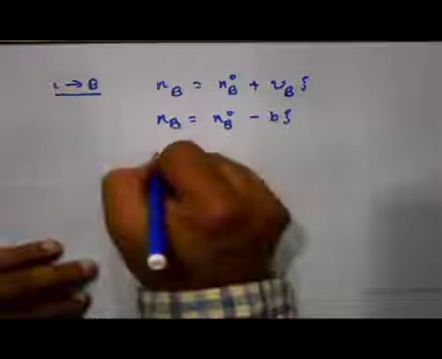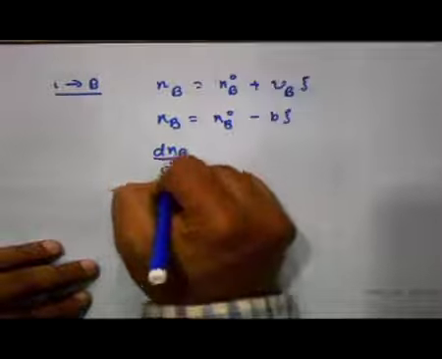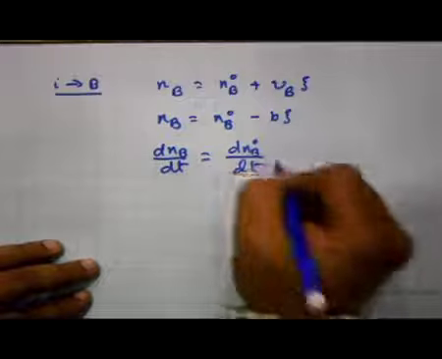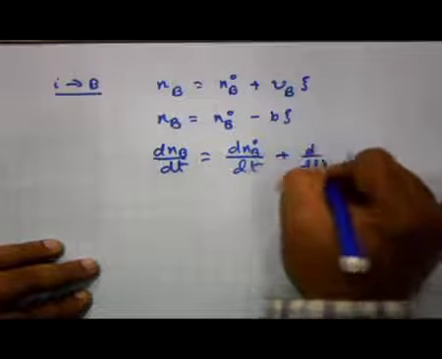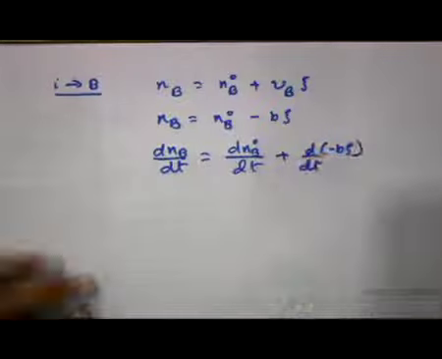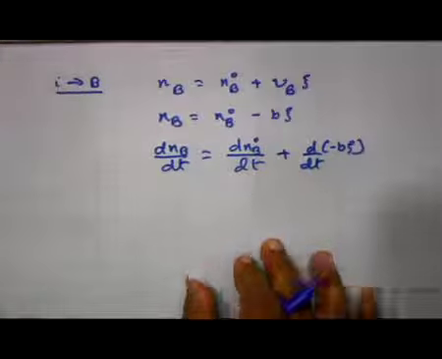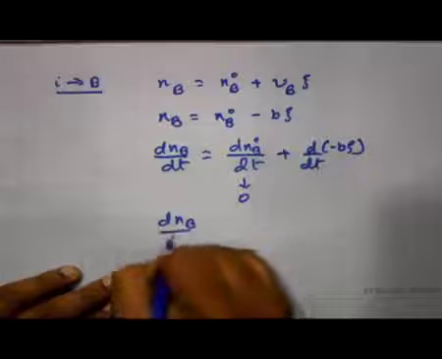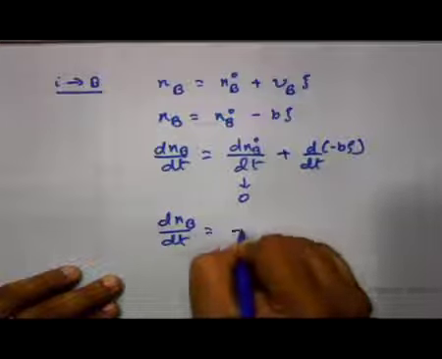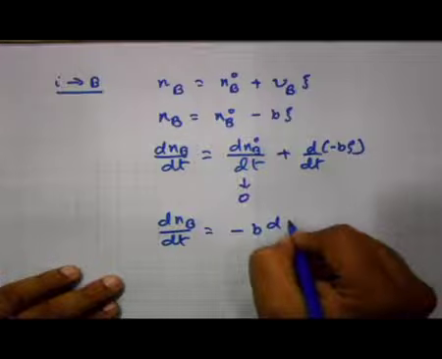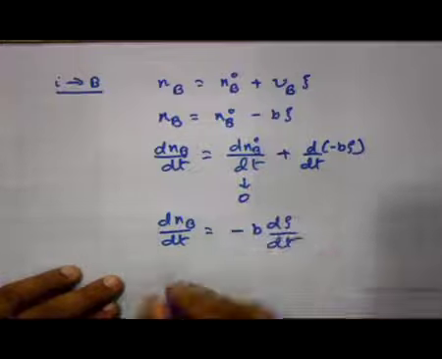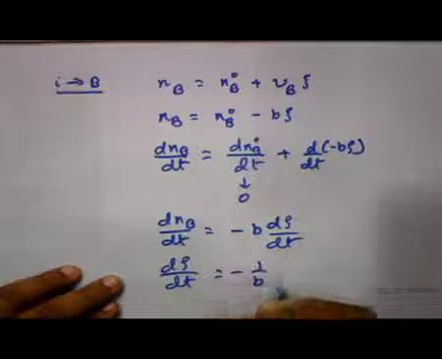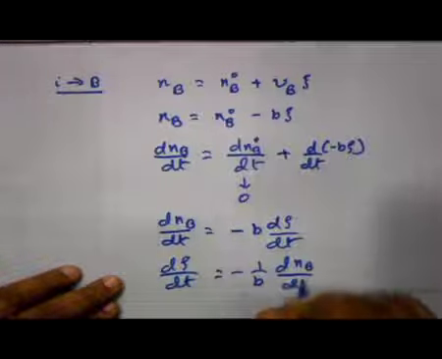I differentiate with respect to time, d n B over d of t is equal to d n B naught over d of t plus, and once I have done this, realize that this one is again 0 and I have d n B over d of t is equal to minus B d xi over d of t, or I can write d xi over d of t is equal to minus 1 by B d n B over d of t.